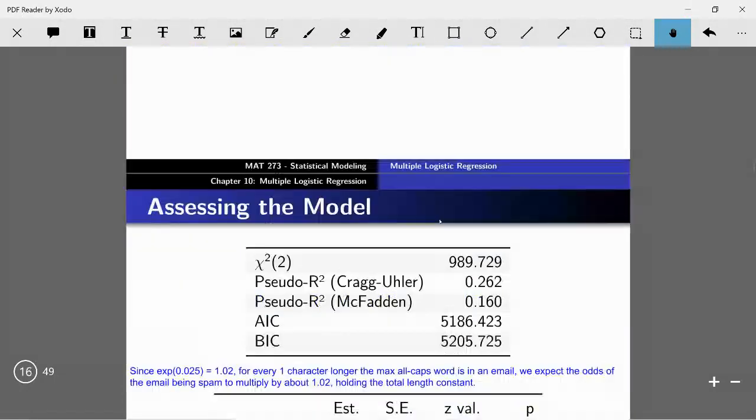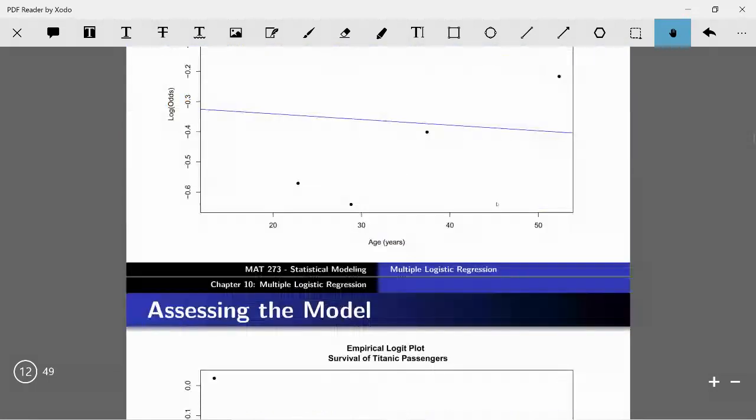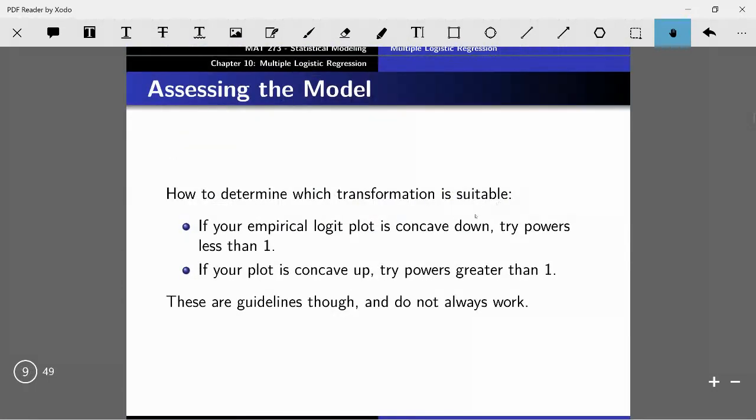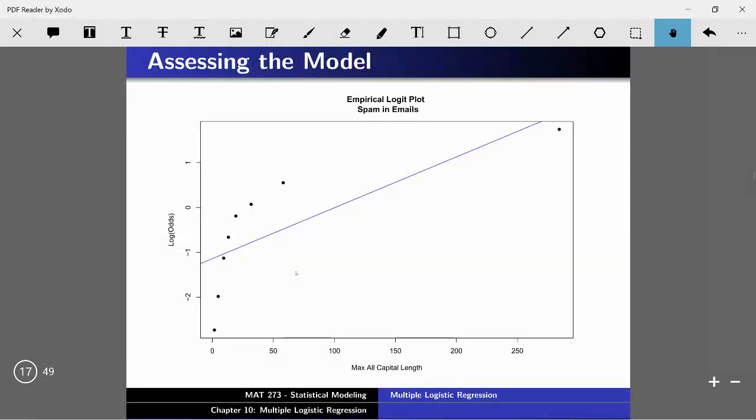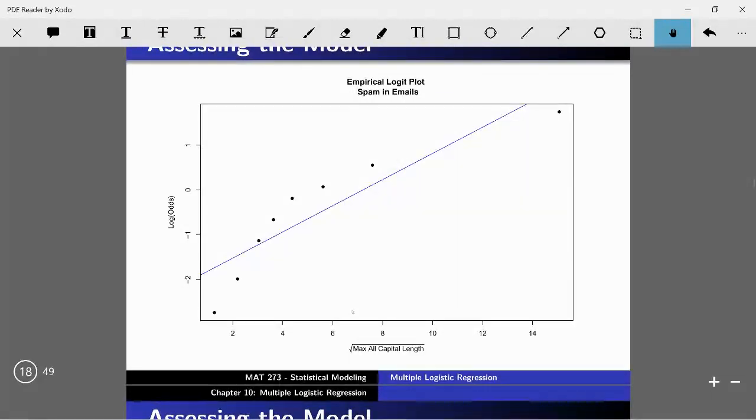And if we recall what the textbook suggested, even though their suggestion didn't work very well the first time, for concave down it says try powers less than 1. So let's try powers less than 1 for max all capital length. Doing the square root, the empirical logit plot now looks a little more linear, certainly improved, but still not exactly a straight line. So potentially we can try other transformations.